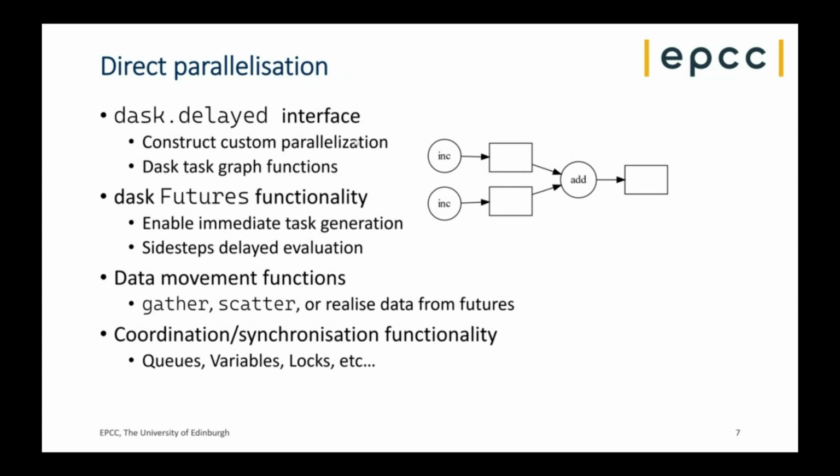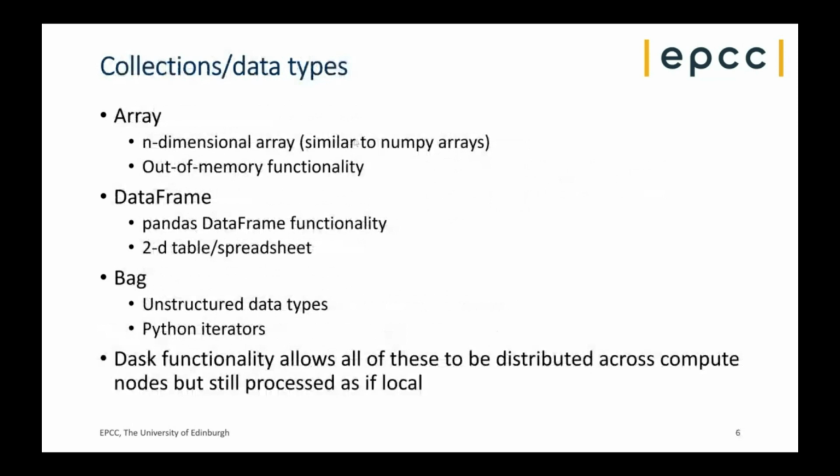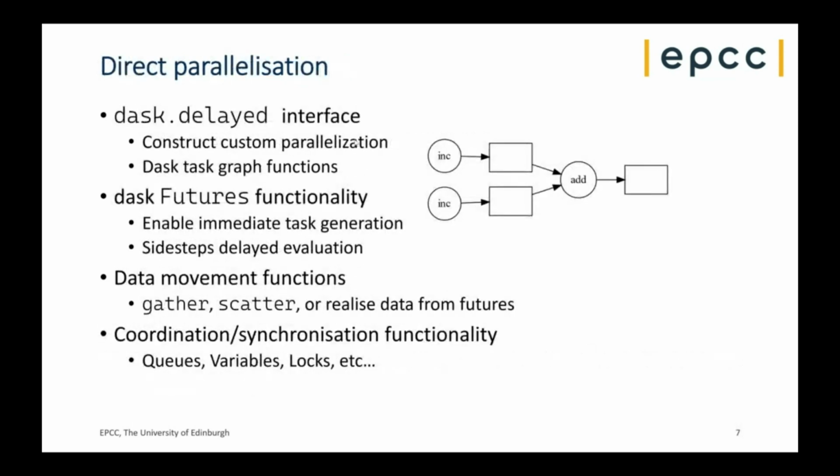So you don't use Dask's built-in data types, you use your own code, but you tell Dask what things are tasks and how they connect together. So you can create individual functions or methods in your Python program, and then link them together into a task graph, and then still get Dask to run it for you.